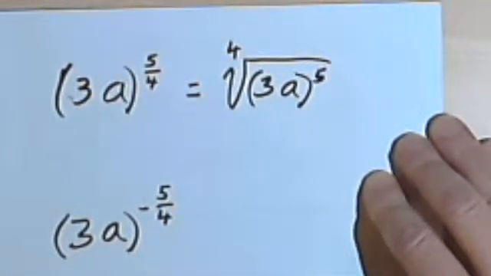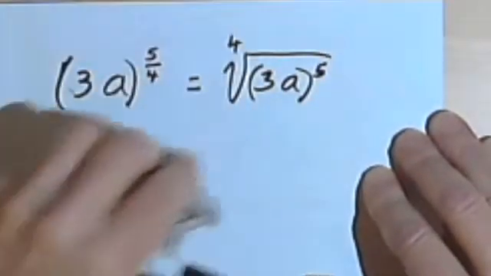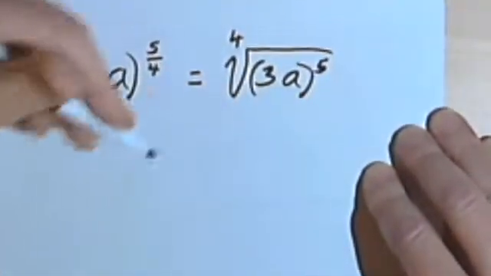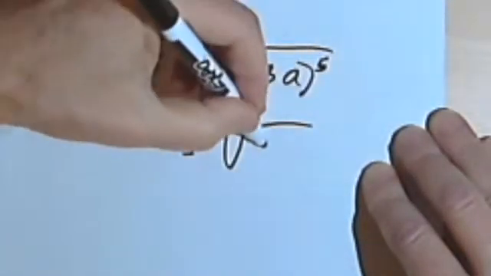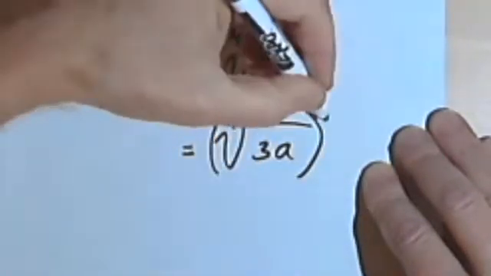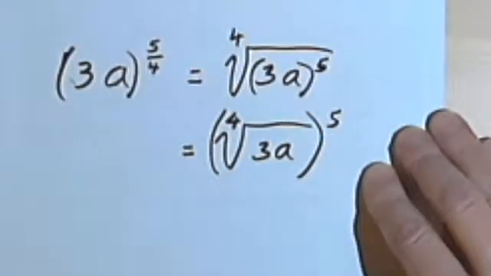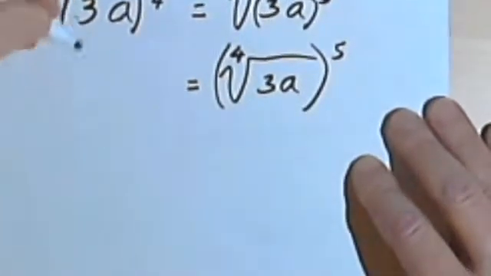Okay? And that's going to be the same as the fourth root of 3a, that whole thing in parentheses, raised to the 5th power. Okay? And here's why that's the case.